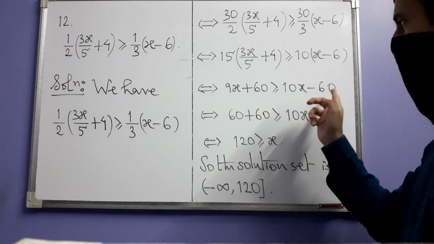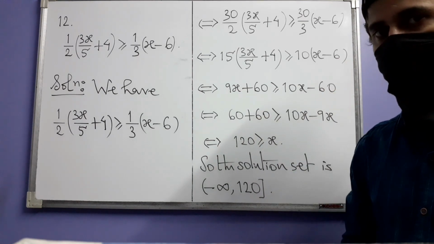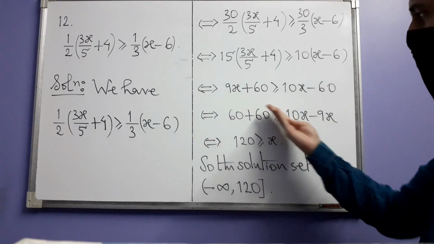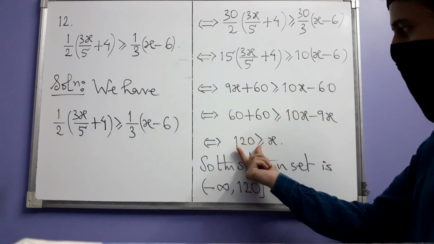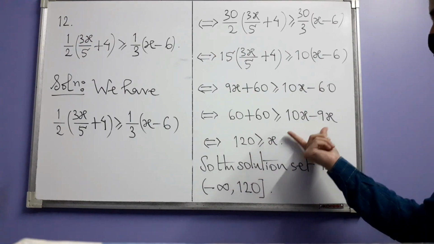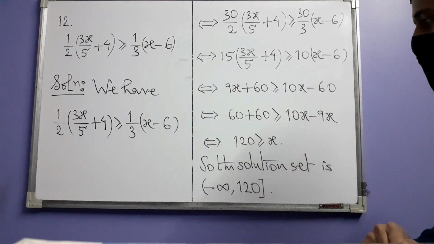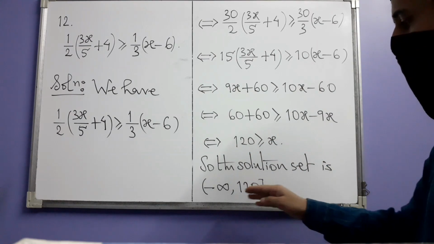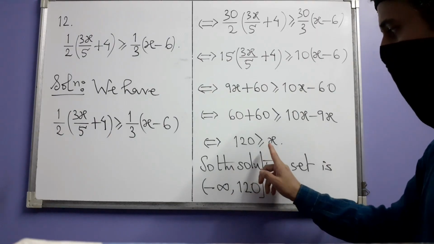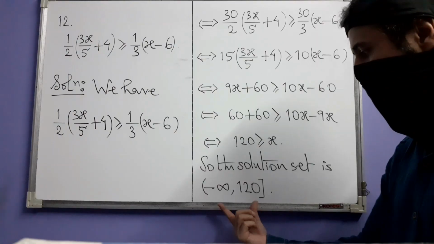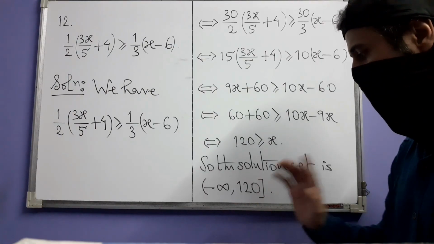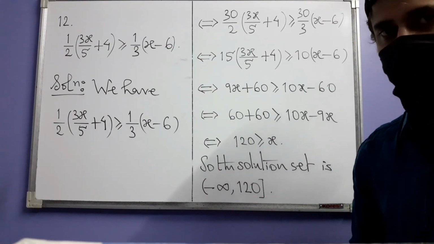So then you add 60 to both sides and also simultaneously subtract 9x from both sides, which gives you 120 on the left hand side and the right hand side becomes x. So here the solution set consists of all real numbers less than or equal to 120. That is why it is this interval closed on this side, minus infinity comma 120.